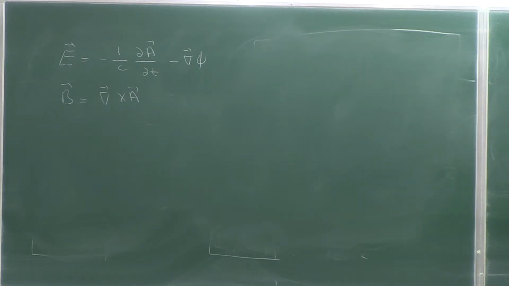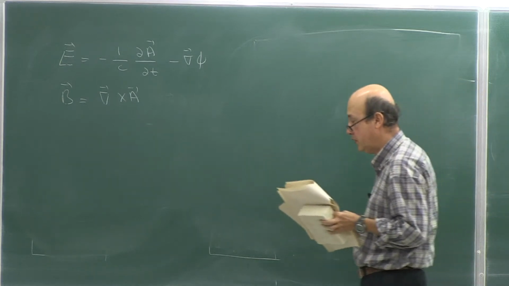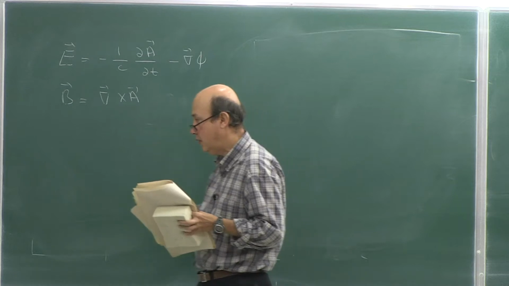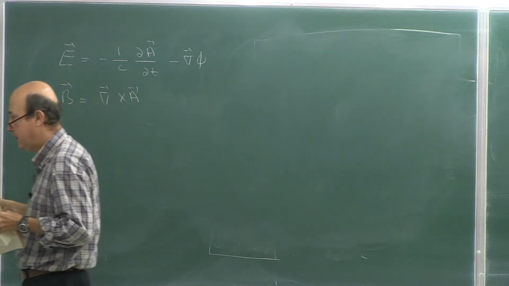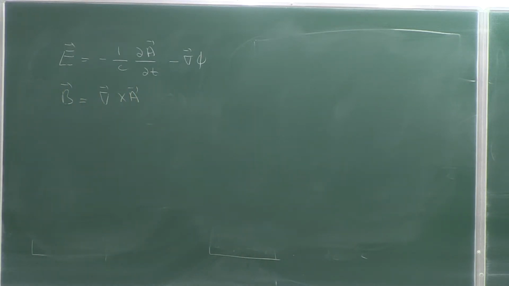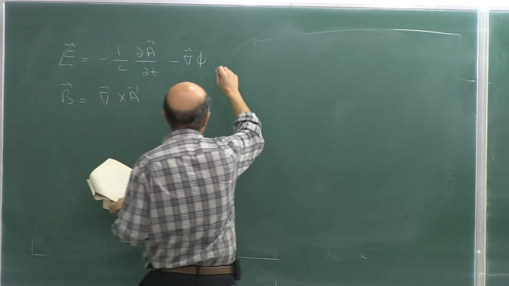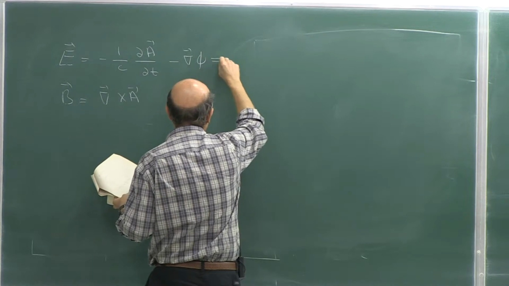That is the consequence of the fields deduced from the 2 homogeneous Maxwell's equations: del dot B equal to 0, and curl of E plus del B over del t is equal to 0. One of them says there are no magnetic monopoles. The name of the other one is Faraday's equation. So let us investigate this one.